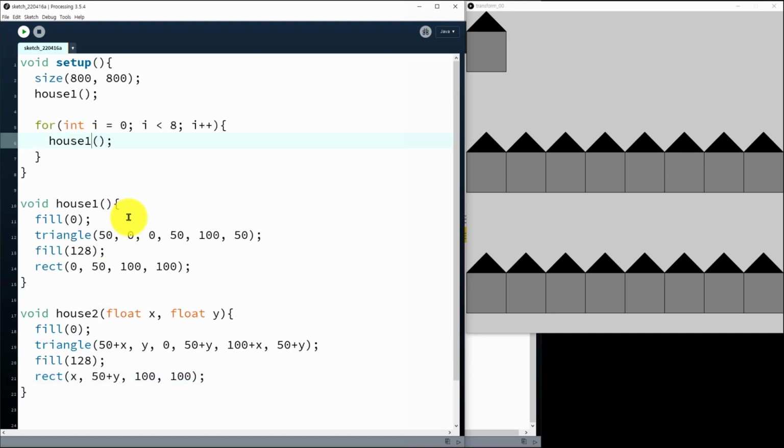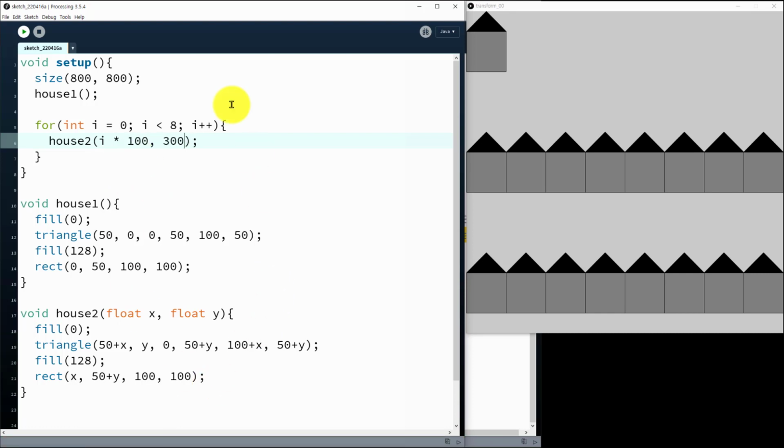So let's change house1 into house2, and we have to give x and y, right? How to give it? So the y coordinate around 300, and x will be i times 100, right? So i times 100 is for x, and for y, let's give 300.